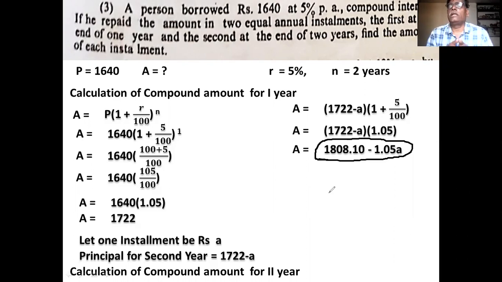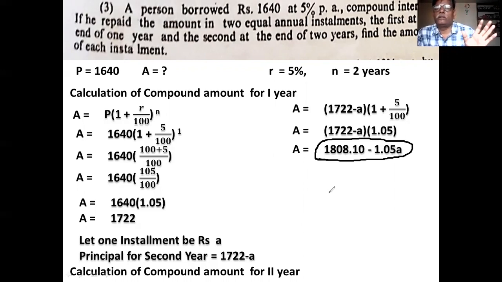So I will say that second year amount must equal second year installment, because last installment, whatever he is paying, must equal the whole remaining account balance.